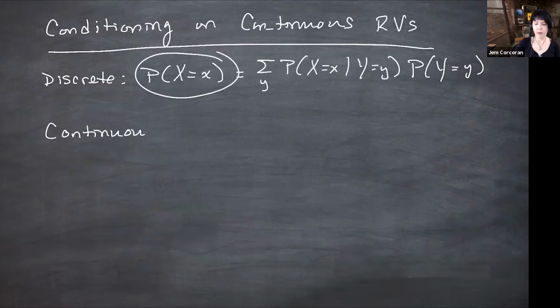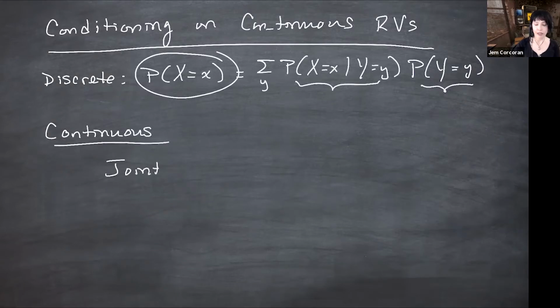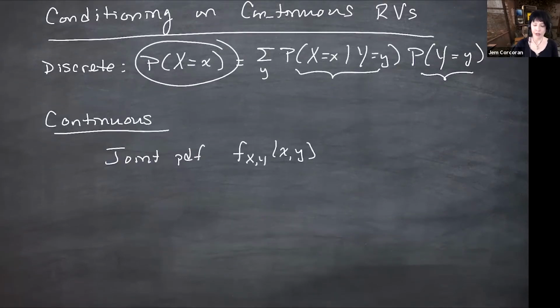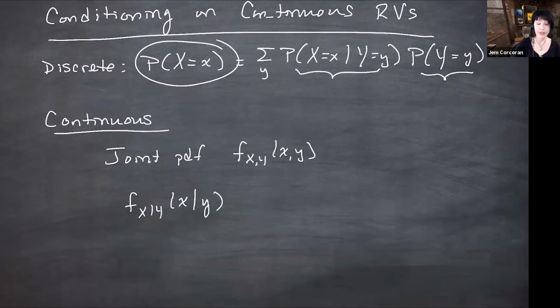It's just that they're not probabilities. This is going to become a conditional PDF, and this is going to be a marginal PDF, probability density function. So in the continuous case, we're going to have some joint PDF f of x, y, and we're going to use the fact that the conditional PDF is defined the same way as in the discrete case.